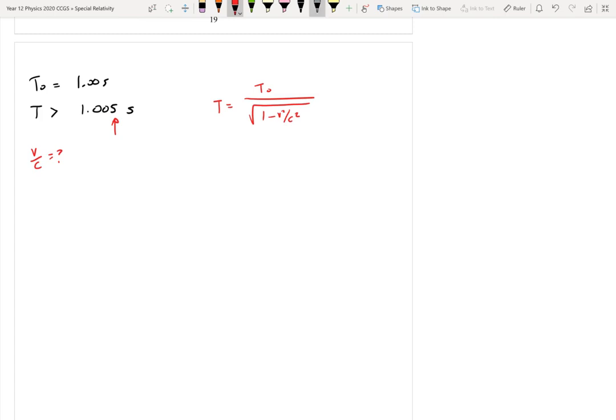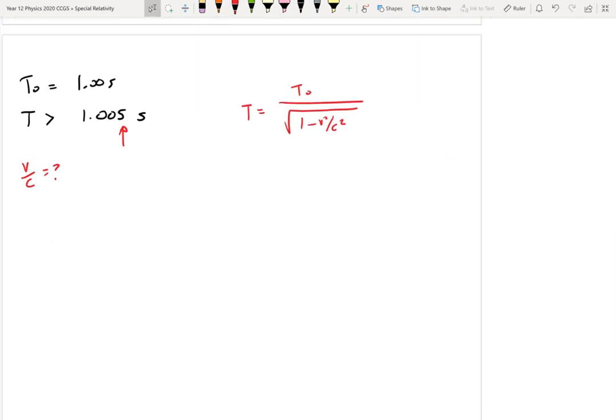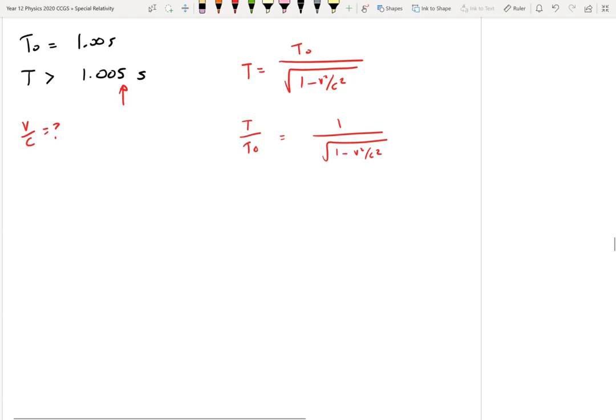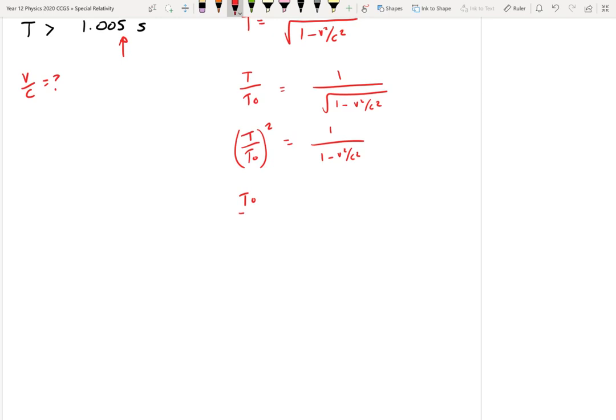So, all right, let's divide both sides by T0. Let's square both sides. In fact, I'll do it down one step. And we can also flip it. So I'm just going to flip it, T0 over T. Now you could keep leaving it in general form.